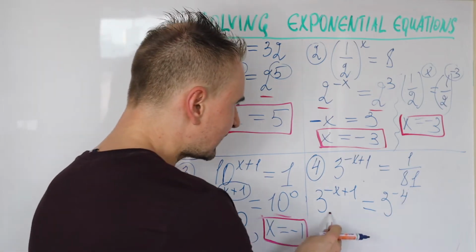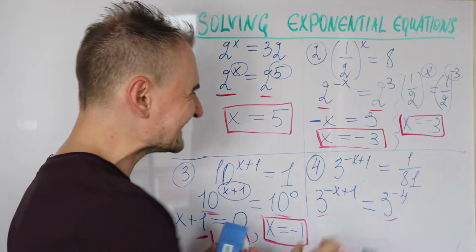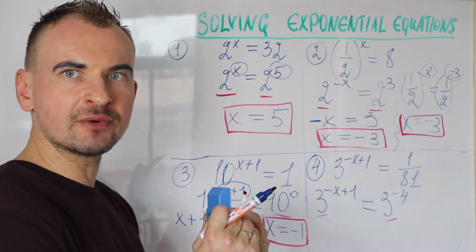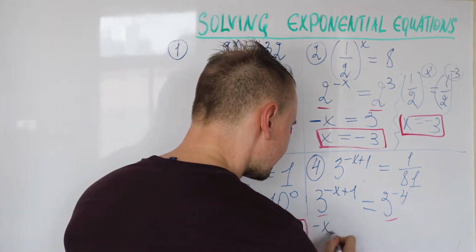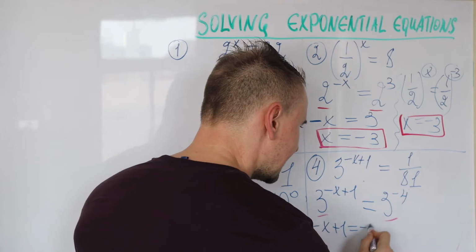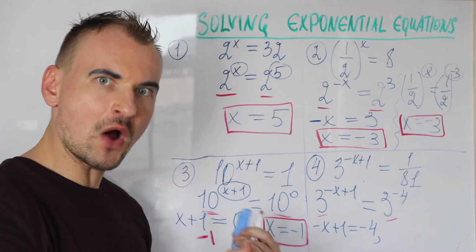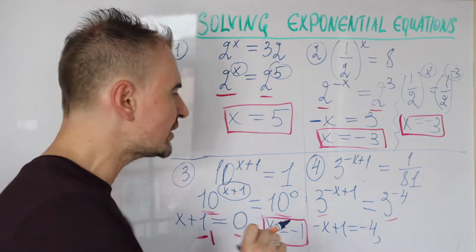Now, as soon as you have the same base, leave them behind and set the exponents equal to each other. So you would come up with the exponent equals -4. Again, this is a basic elementary equation for x, so you solve it normally as you would a linear equation.